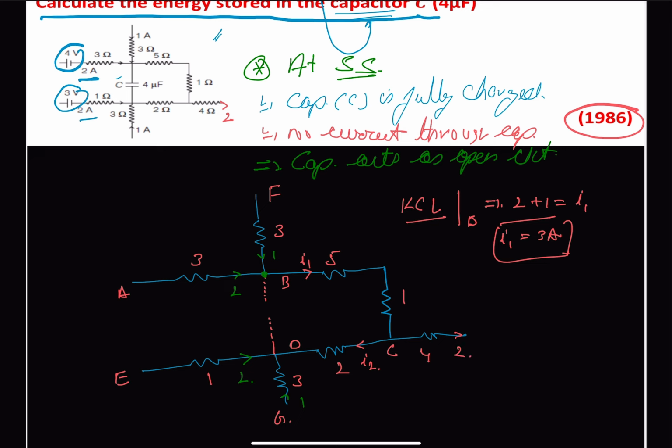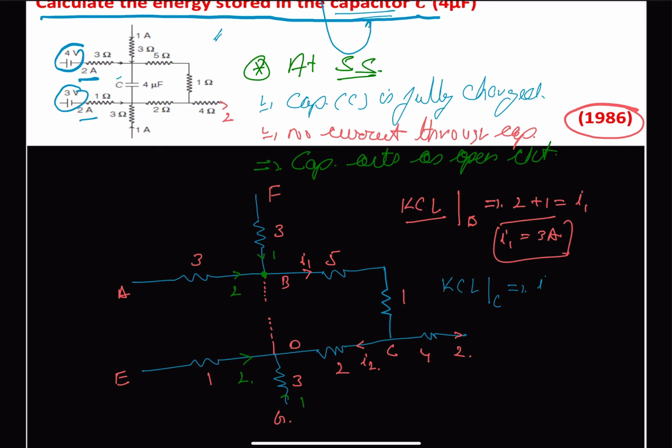And we can use KCL at node C and find out the current. So KCL at node C, incoming current is I1, that is 3 ampere.